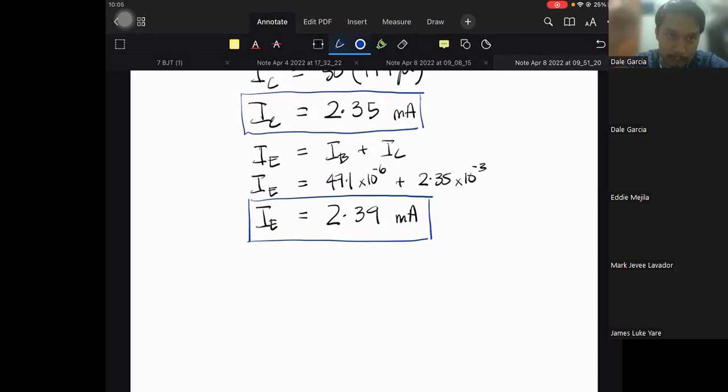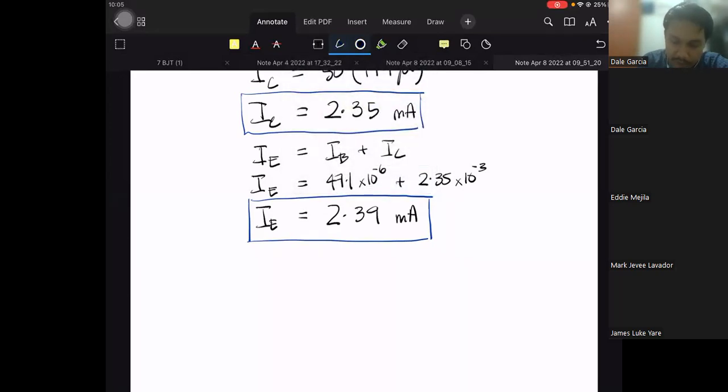Multiply na to siya sa current nga mag-pass to sa transistor, which is IC, and mulapas siya sa active region, meaning na siya sa breakdown region, there's a very big possibility na magubagi ng atong device, atong transistor. So that's why we're trying to solve right now for IC and VCE.